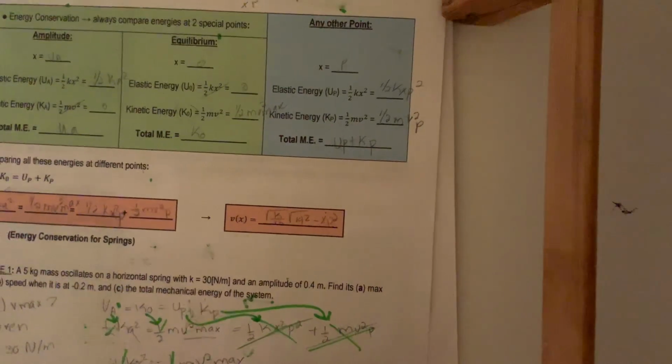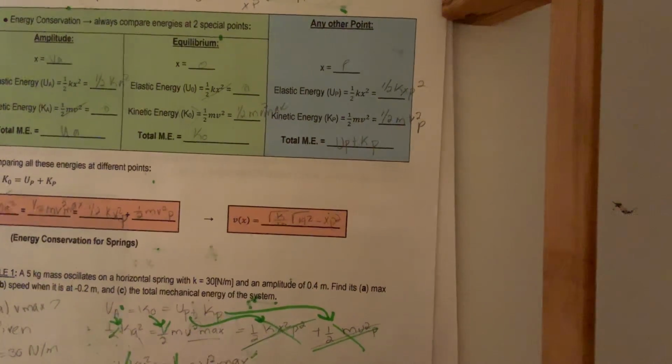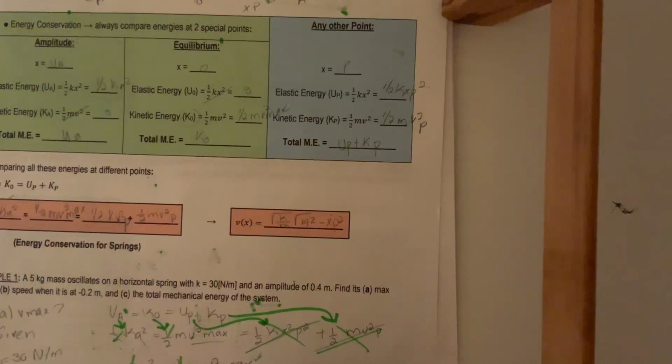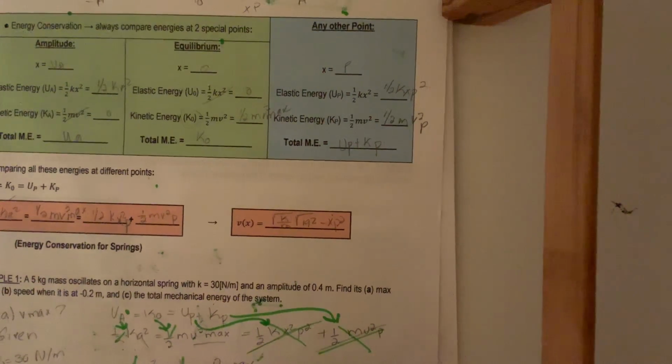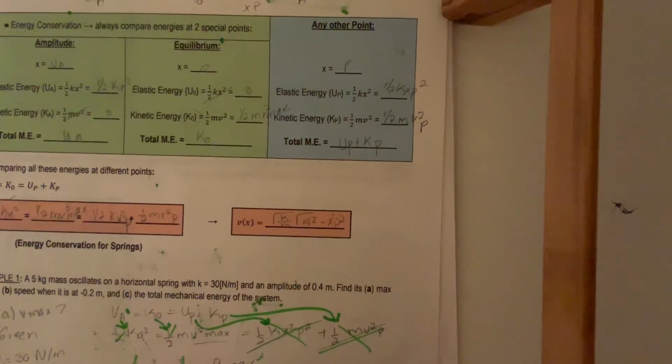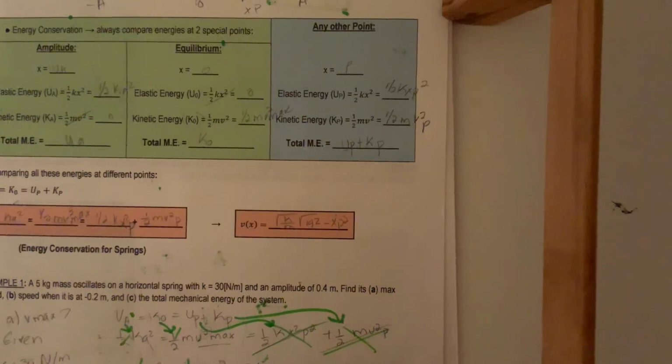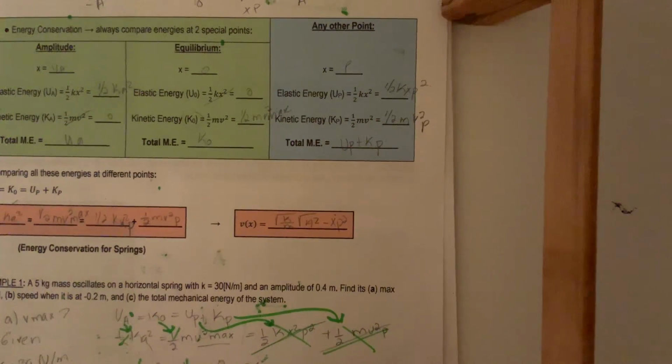So v max is the square root of k over m times amplitude. The value for k is 30, the mass is 5, and the amplitude is 0.4. So my v max is going to be 0.98 meters per second.